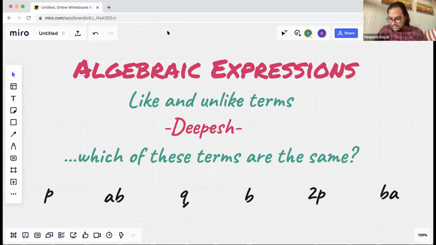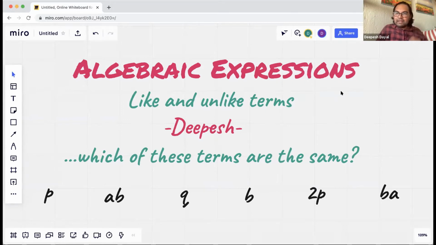Which of these terms are the same? A, B, and B, A are the same. Okay. And the rest of you can also think and we can have a look. You're welcome to type in the chat or unmute. And then we can see we've got some answers already.